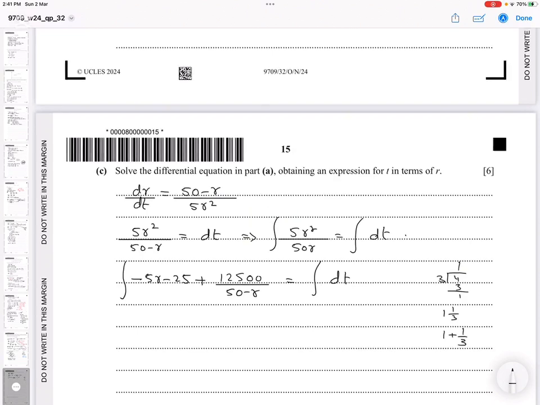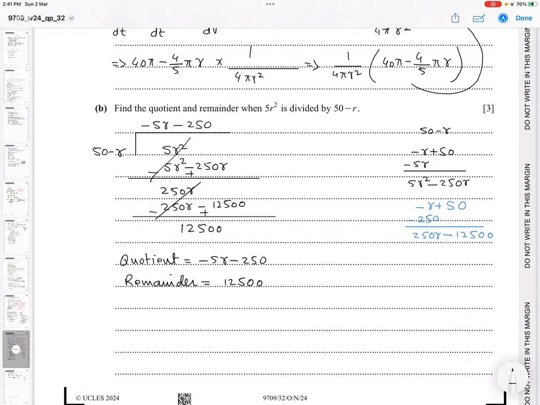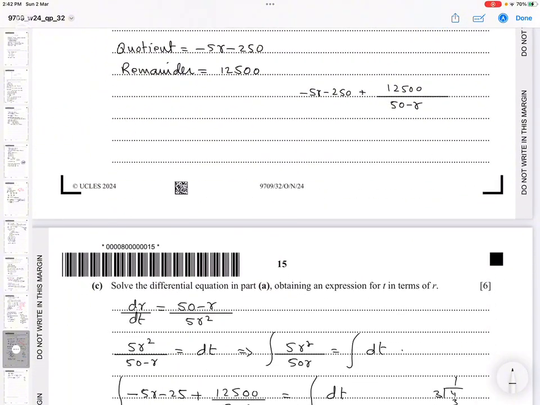So in the previous part, our quotient was minus 5r minus 250 and our remainder was this, so I can write minus 5r minus 250 plus the remainder 12,500 over the divisor 50 minus r. So this thing I have written here.